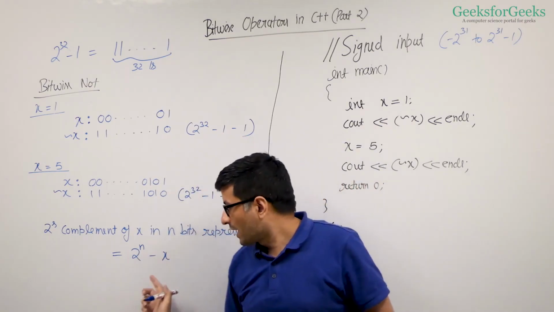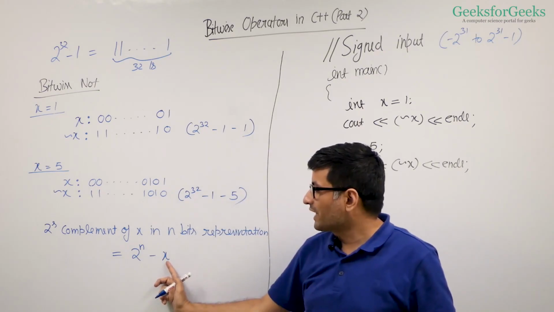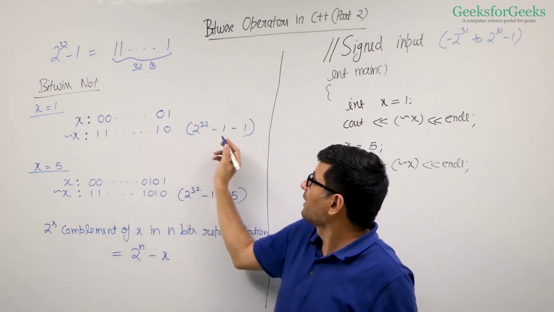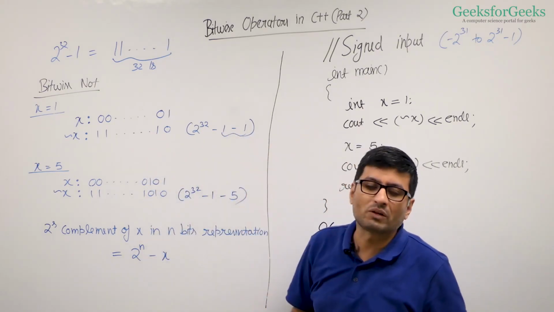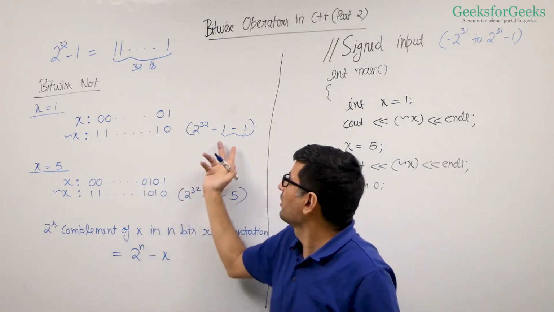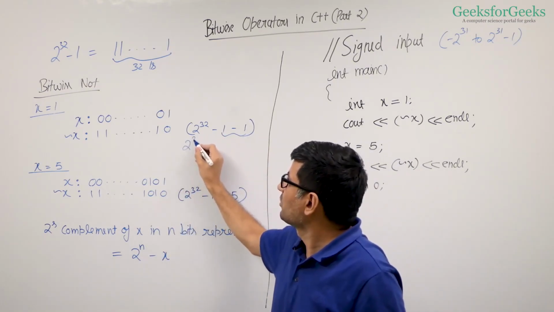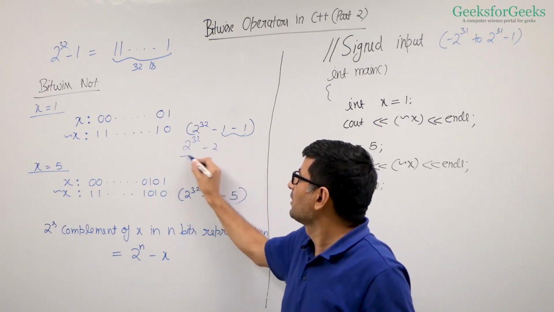So if you apply this analogy, what is the value of x whose binary representation is this? The value of x is 2, since this is actually 2 raised to the power 32 minus 2.